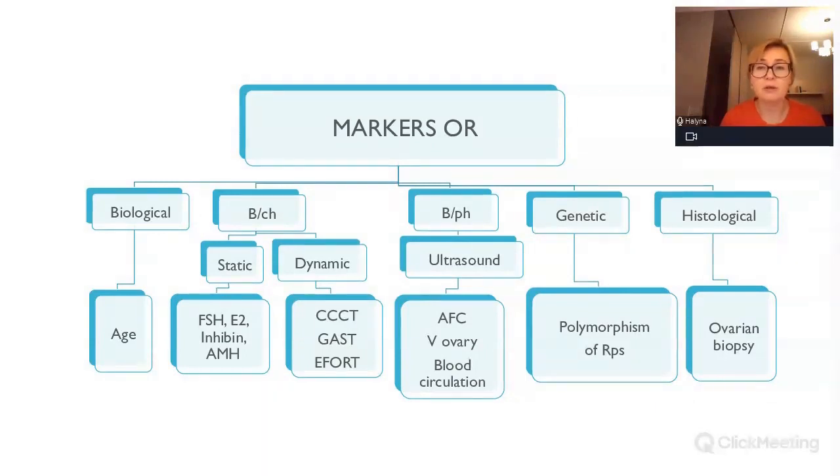They don't see the FSH molecule or LH molecule. In this case, the response to stimulation will be much less than we expect. And of course, the most exact method is histological, so it is necessary to take some part of the ovary, cut, and then see the number of follicles. But okay, in normal life, we don't do that.